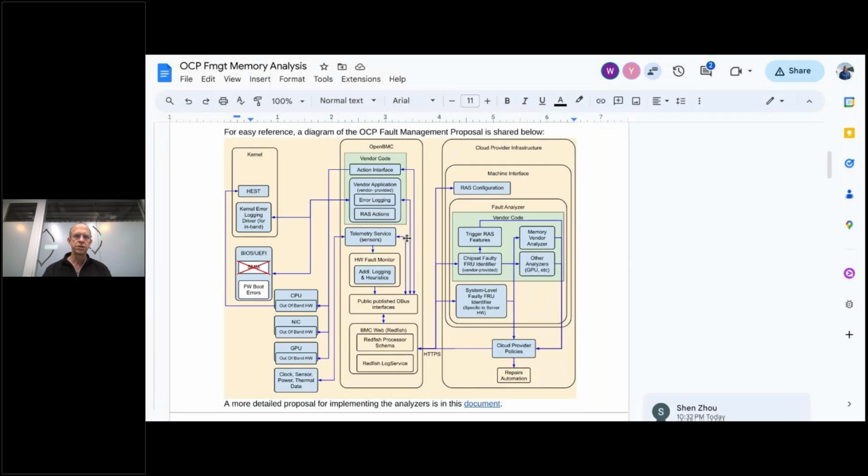I think our goal is to make it so that I can go to Intel and say, Intel, you have 10,000 pages of registers that I don't understand. I don't know what to log. Give me some code that I can run somewhere that logs all the information I need to debug my machines. And they log it. And it'll be memory information, it'll be CPU interconnect or cache failure information, who knows what.